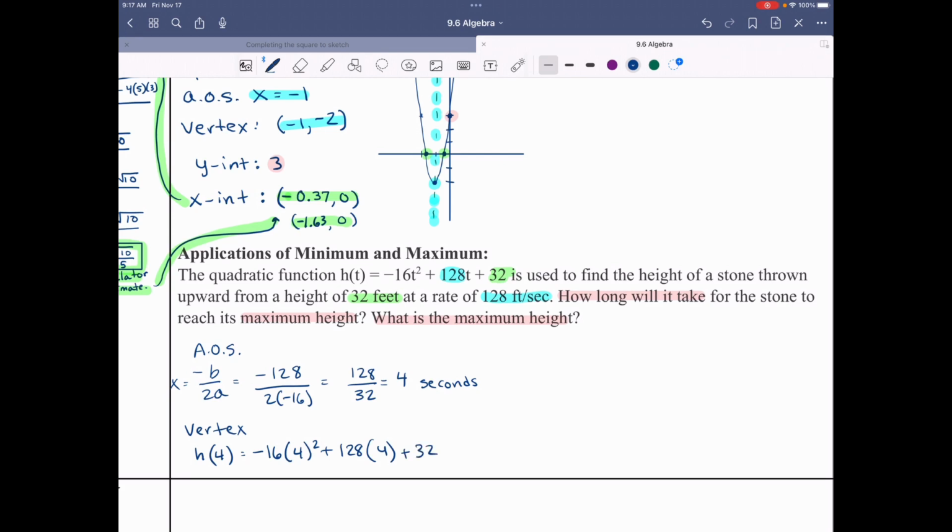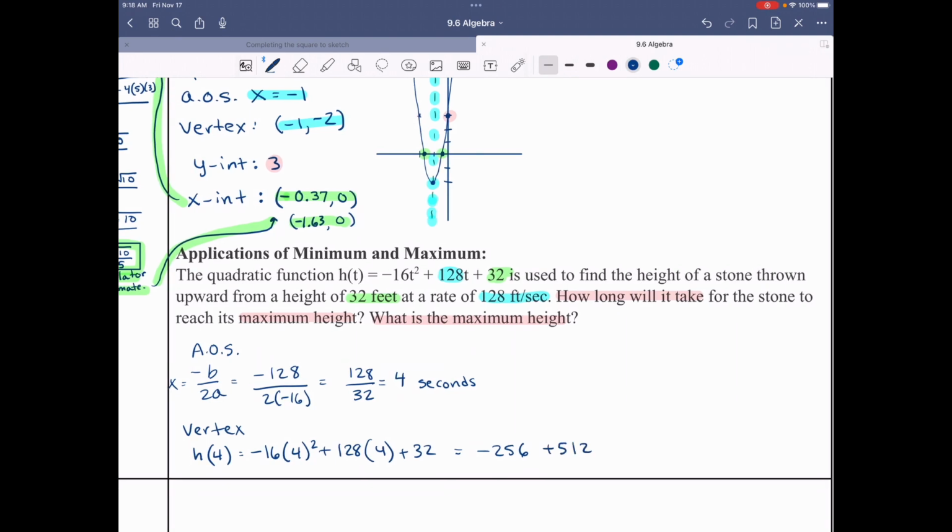And then we solve. 4 squared is 16, negative 16 times 16 is 256. 128 times 4 is 512, plus 32. So that simplifies to 288 feet. All right, so how long will it take? It will take 4 seconds, and the maximum height would be 288 feet.